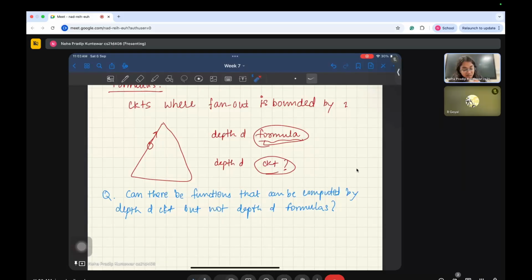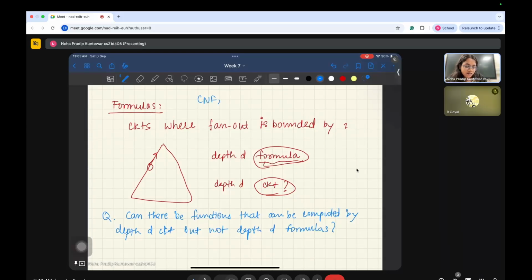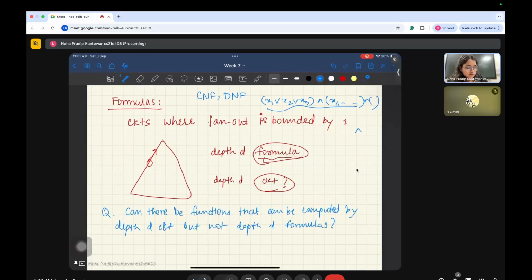Another thing to connect is the formulas that we talked about, the CNF, DNF, when we say 3SAT and so on. We wrote it like this: x1 or x2 or x3 and so on. If you visualize it as a circuit, it's basically a formula, because the fan out of each of the gates here was 1.